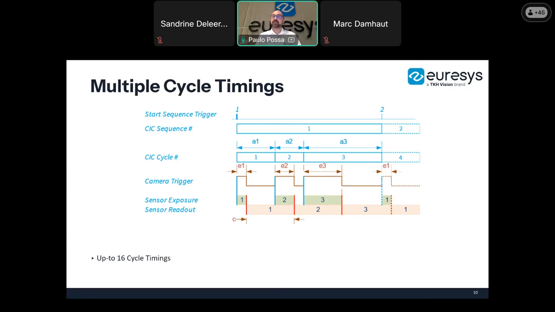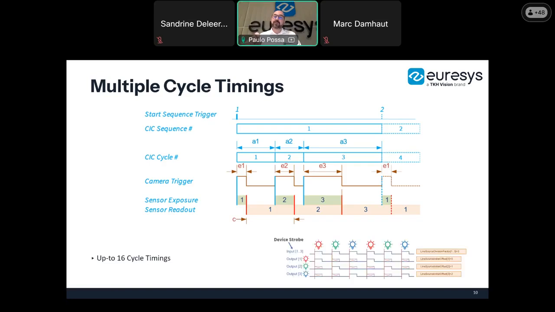It means that you can have trigger sequences where each trigger is generated with independent exposure time and strobe duration. At the same time, we can also use the strobes from a sequence to activate different light sources in a system.